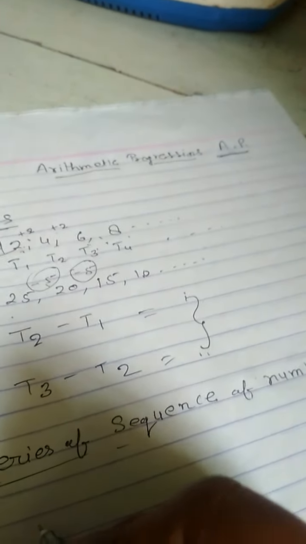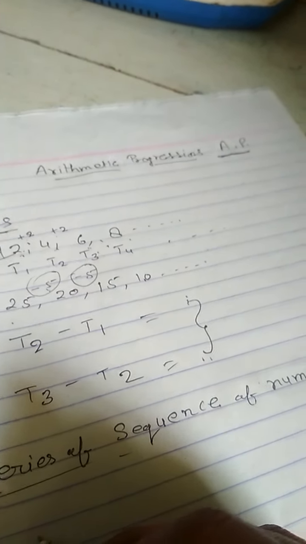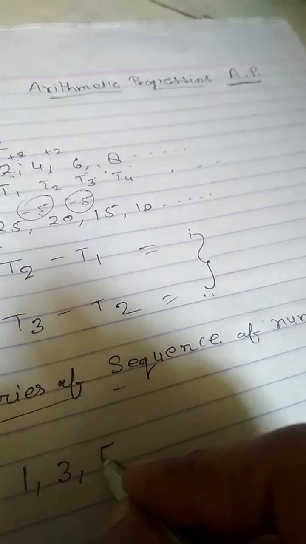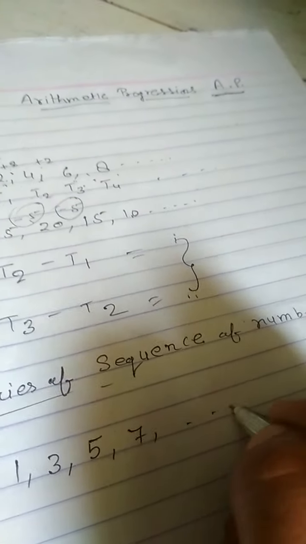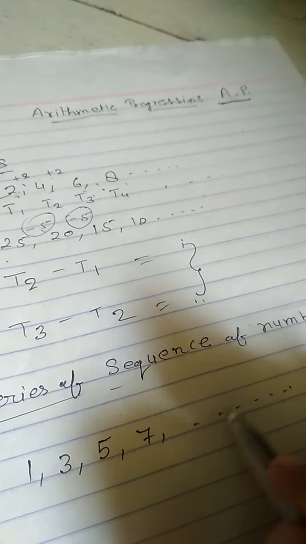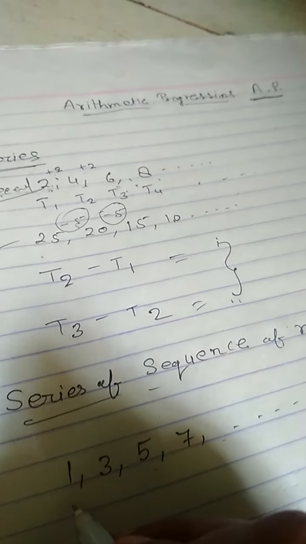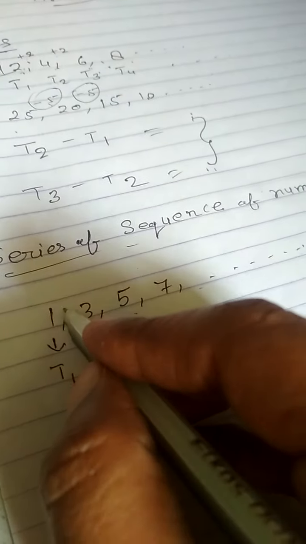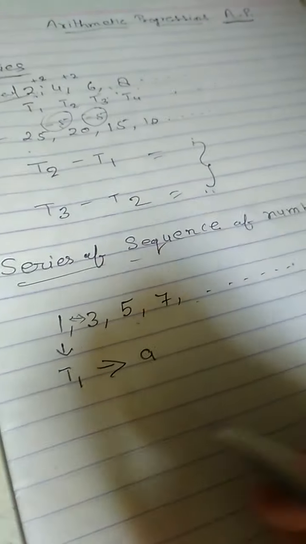Okay, now let's write one series here: 1, 3, and so on. The first term is denoted by A. Okay, and we find the common difference.